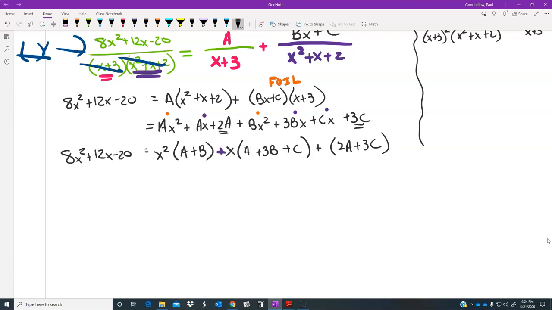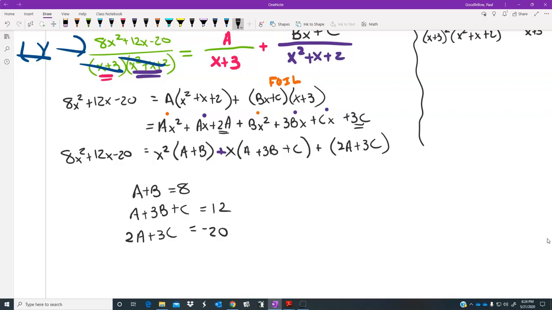And the squared term would give you A + B = 8. Then there would be a middle one of A + 3B + C = 12. And then finally 2A + 3C = -20.